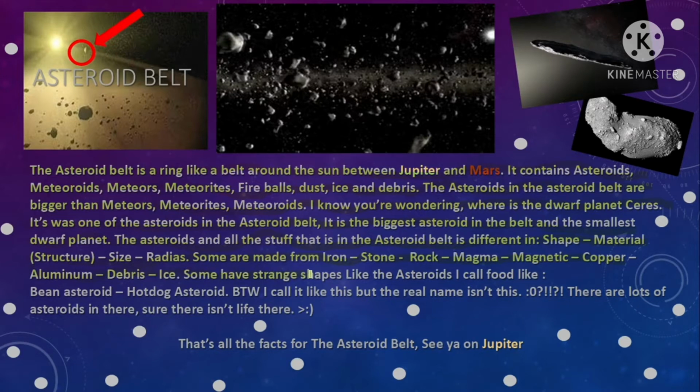Some have strange shapes, like the asteroids I call food-like: the bean asteroid and the hot dog asteroid. By the way, I call it like this, but the real name isn't this. There are lots of asteroids in there. Surely there isn't life there. Okay, let's begin our lesson.